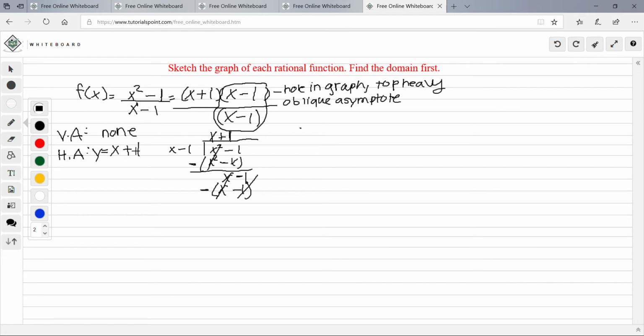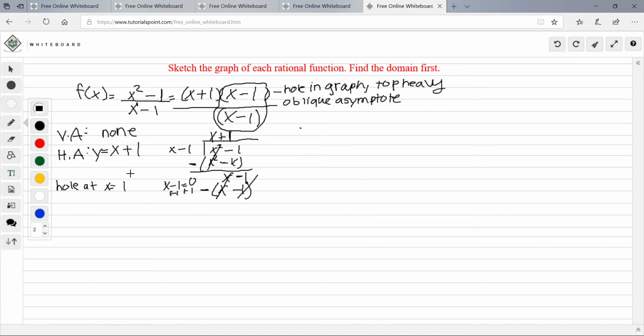Good. Now let's look at the hole in the graph, where we have to find the coordinate of the hole. The x value of the hole is going to be 1. How I got that value: since the x minus 1 cancels, I set it to 0 and add 1, so x equals 1. Now let's find the y value for the hole.